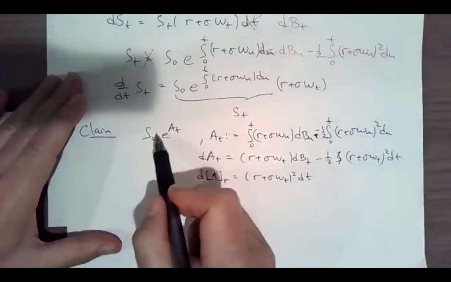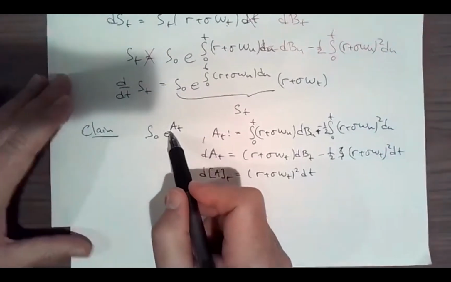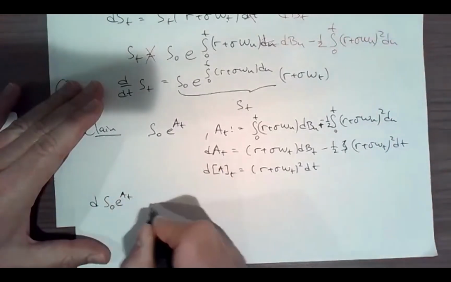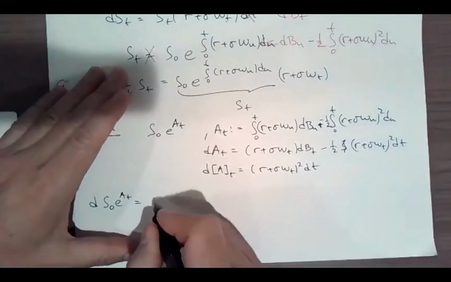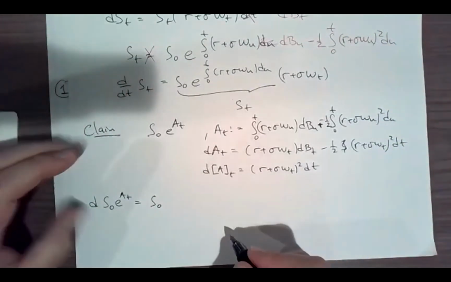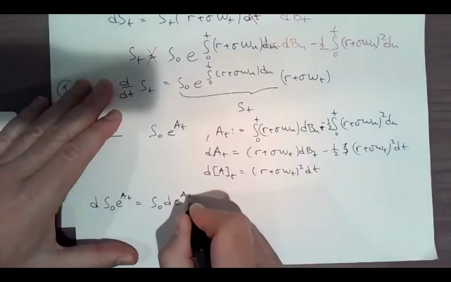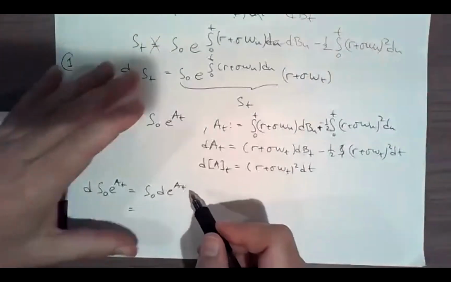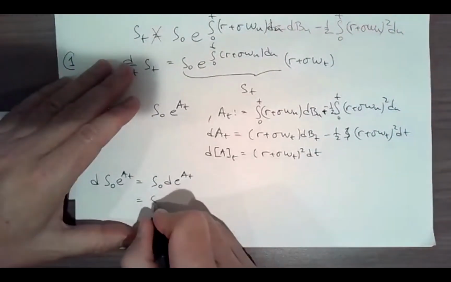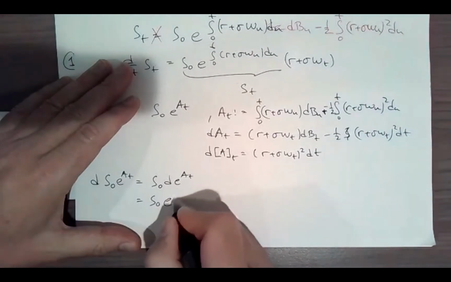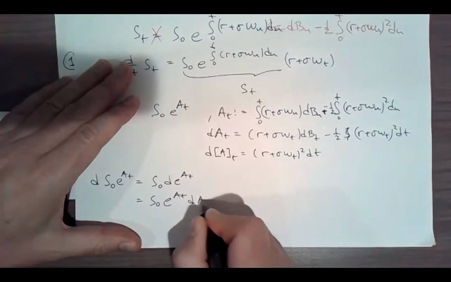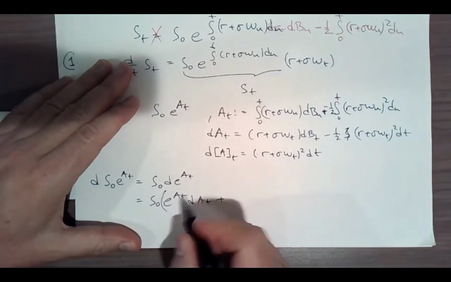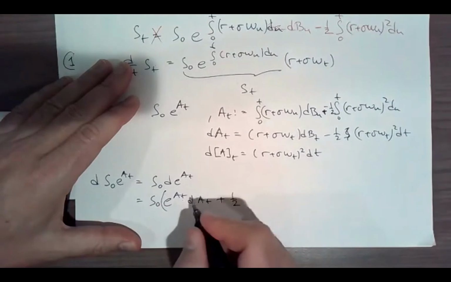So now I can use Ito's lemma to compute D of this thing. So this will give me the S0 e to the AT. Yeah, this is S0. And then I can write it out like this. Use Ito's lemma, we need two derivatives, so we're going to get S0 e to the AT DAT plus, then the derivative of the exponential function two times is the same as just one time.